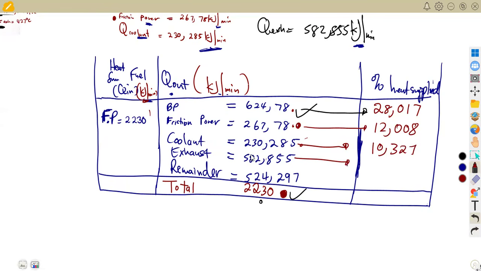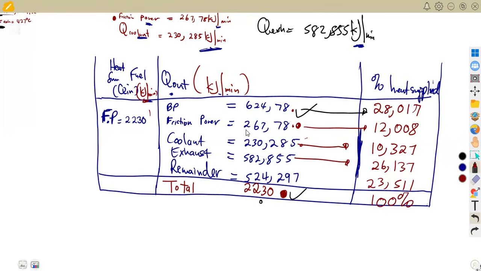The exhaust, what we have, over the total fuel power times 100%. That is going to be 26,137%. The remainder, again, over the total times 100%. So our remainder was going to be 23.511%.